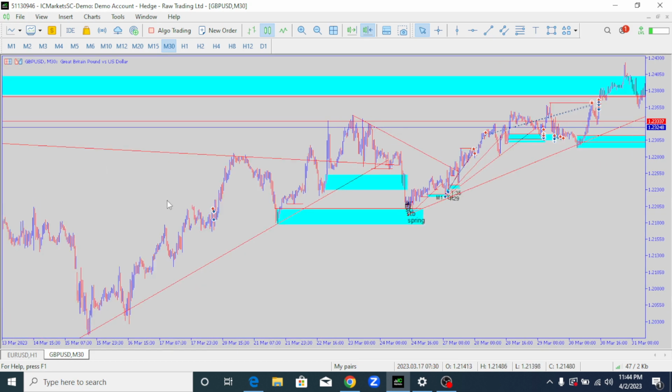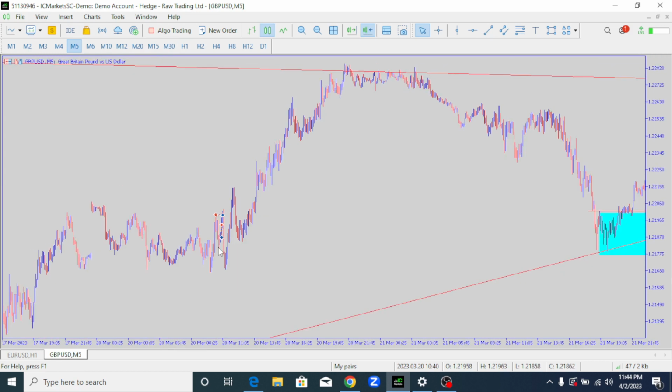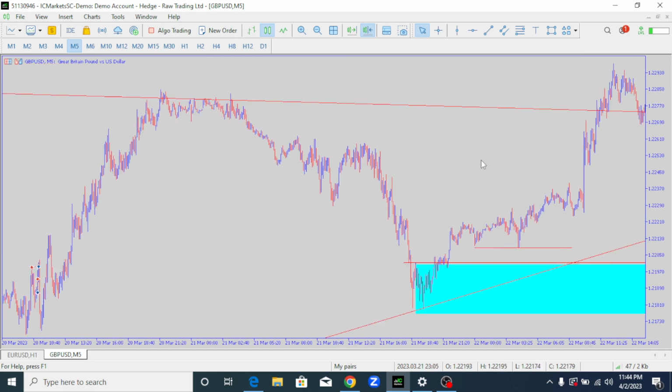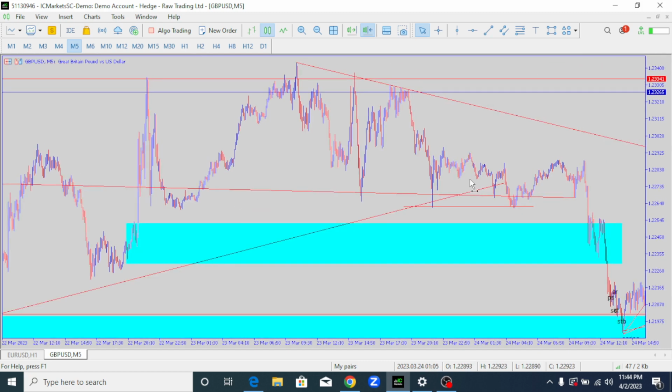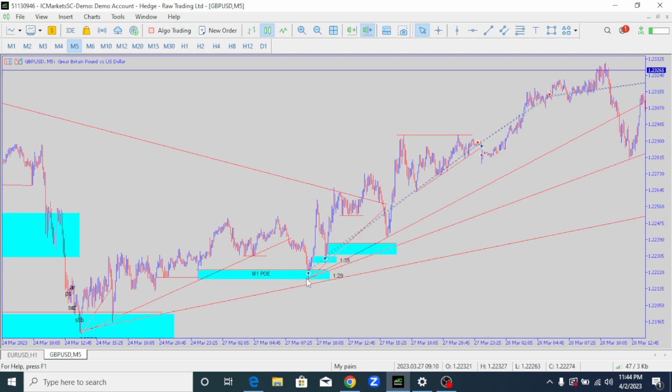See? And I took these trades, which were unnecessary. And there were these 2 trades. They were amazing, great trades.